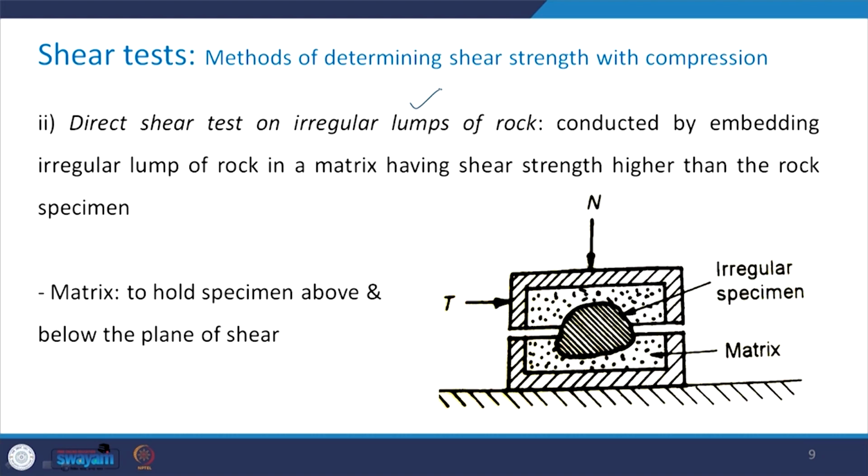Look at this figure. This is the matrix material, and the irregular rock specimen is held in this matrix. The normal load is applied, and then you apply the shear force and try to shear this irregular specimen.